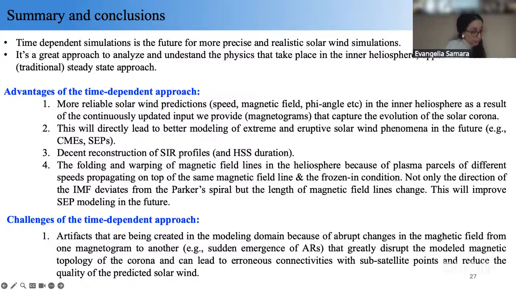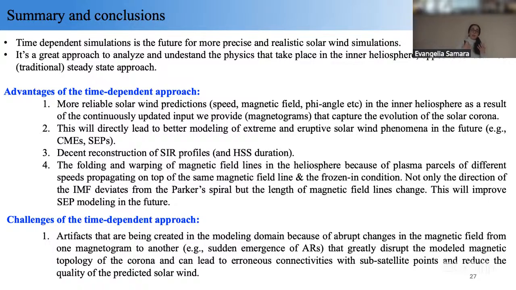And that's all. To get into the summary and conclusions, time-dependent simulation seems to be the future for more precise and realistic solar wind simulations and predictions. It's a great approach to analyze and understand the physics that take place in the inner heliosphere, opposite to the steady-state traditional way of doing things.